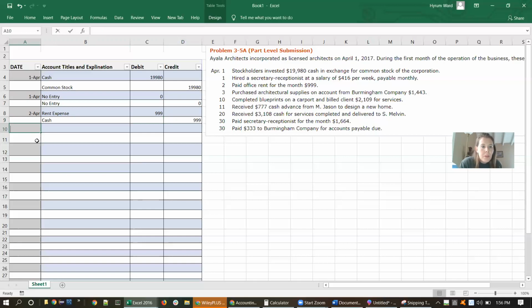And on April 3rd, we purchased architectural supplies on an account from Birmingham Company for $1,443. And so for the April 3rd, we're going to put supplies because we made a supplies purchase. And because of the purchase, we're going to stick it under debit for $1,443.